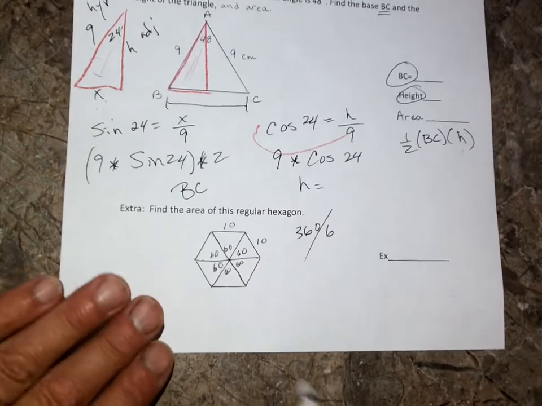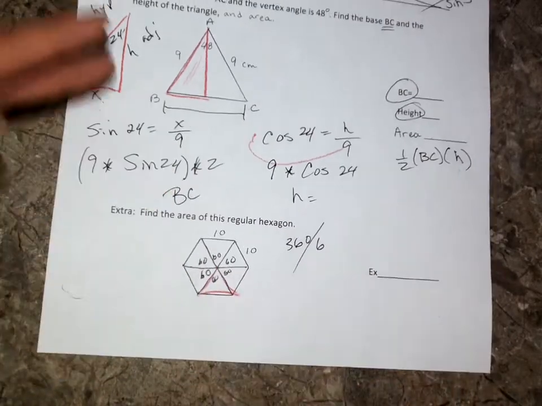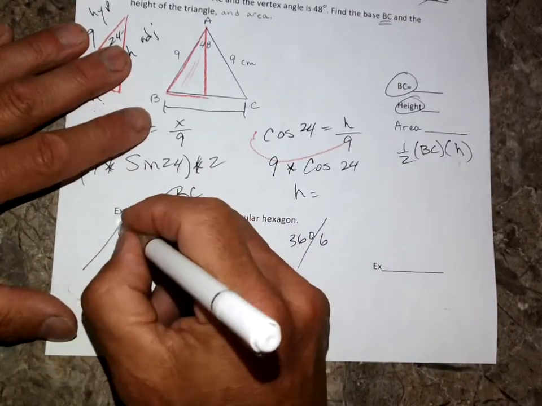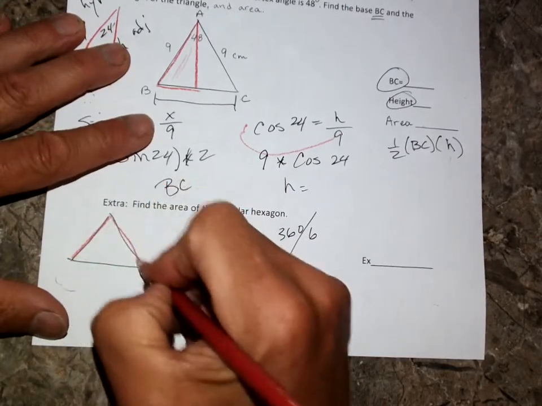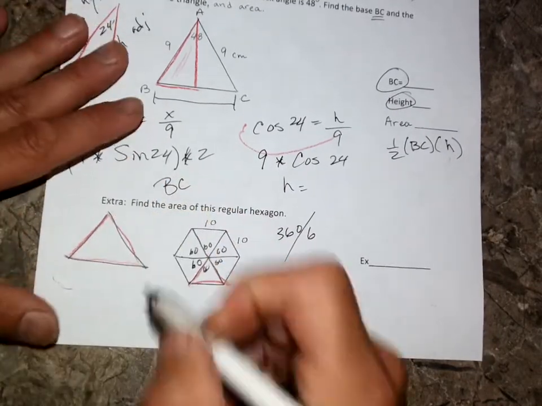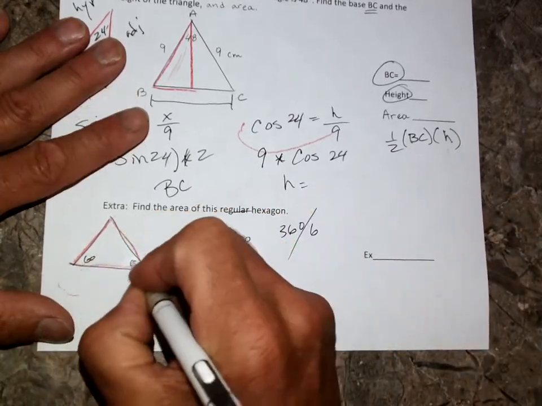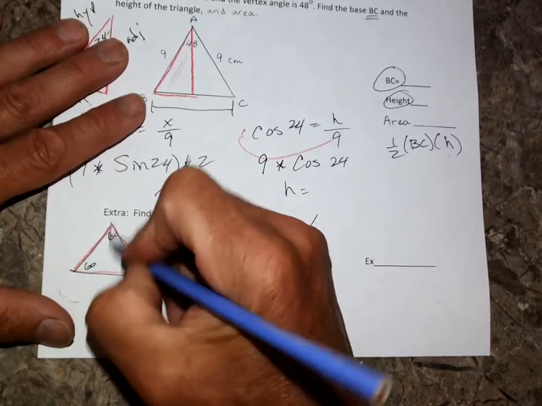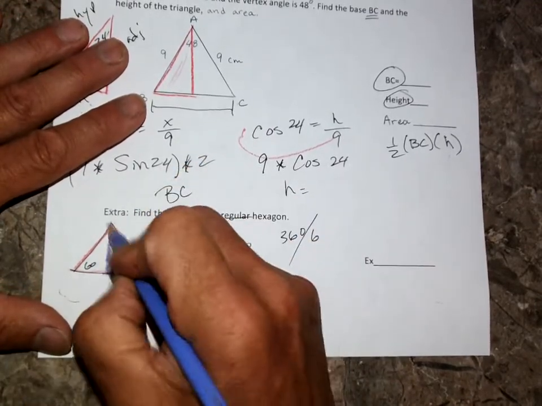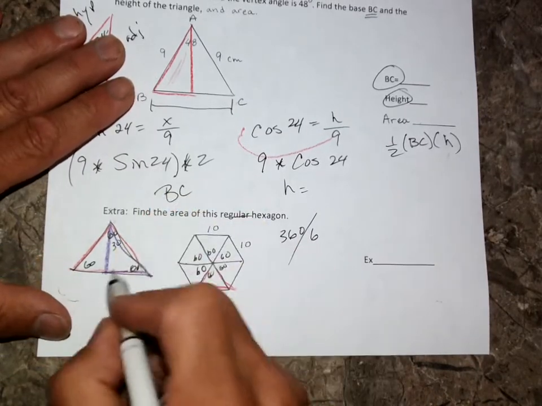If I look at one of these triangles, it is a 60, 60, 60 triangle because it's regular. But I'm going to make it into a right triangle, and that makes it a 30, 60, 90 triangle.